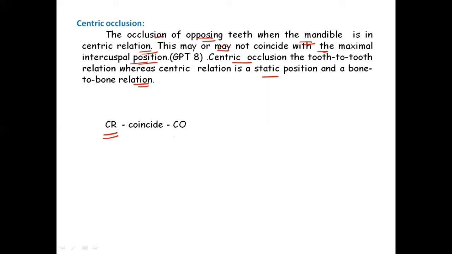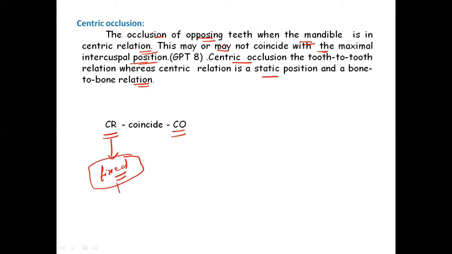This position is independent of tooth contact. That means here the condyle position is fixed, independent of occlusal contact, right? So this is fixed. This remains fixed the whole of life.